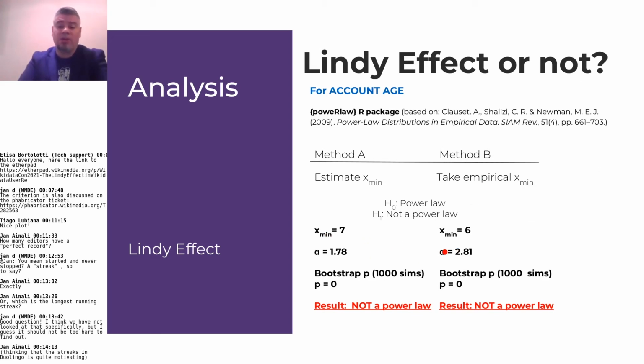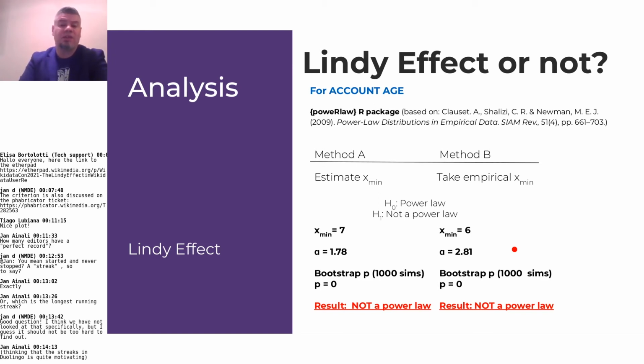Here, what you can see are the so-called distribution parameters. We don't really have to get into all the details here. At first sight, it looks like it is a power law, but then after some numerical simulations to confirm that, we figured out that there are almost zero chances that the account age in Wikidata is distributed as a power law.